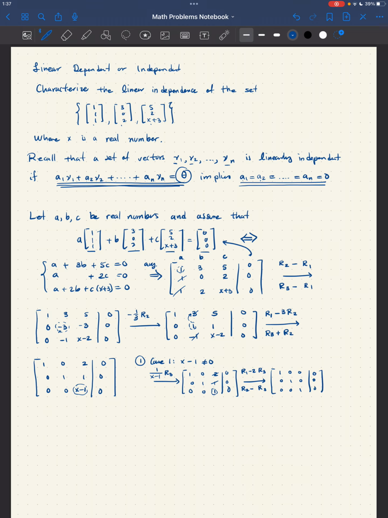What is that telling us in terms of the coefficients a, b, and c? Of course, let's not forget what the meaning of these columns is. That is a system of equations. The system says that a is 0, b is 0, and c is 0. So under the condition that x minus 1 is different from 0, we get linear independence of the set. What about the other case?